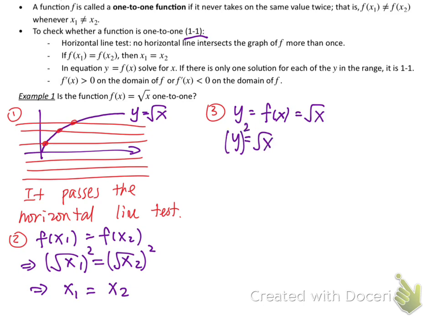Square both sides. You get y squared equals x. Or remember, you solve for x, x is y squared. For each y, you have one solution. You don't have x equals square root of, I don't know, y squared plus 4 or something like that. You don't have the plus or minus. So you have only one solution, which means the function is one-to-one.